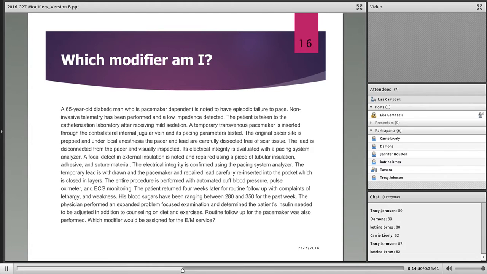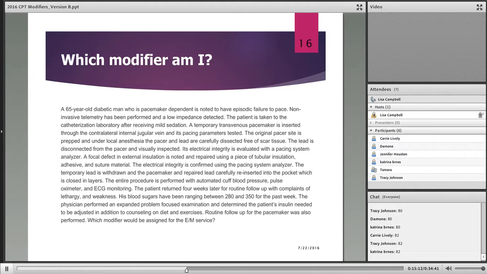All right, here's a long one. A 65-year-old diabetic man who is pacemaker dependent is noted to have episodic failure to pace. Non-invasive telemetry has been performed and low impedance detected. The patient is taken to the catheterization lab after receiving mild sedation.